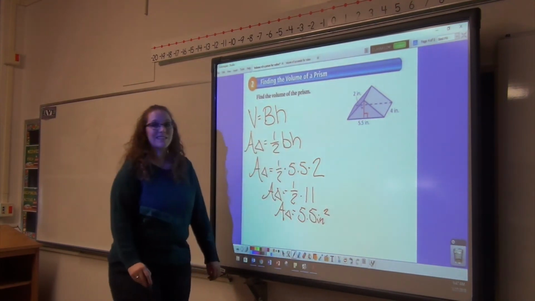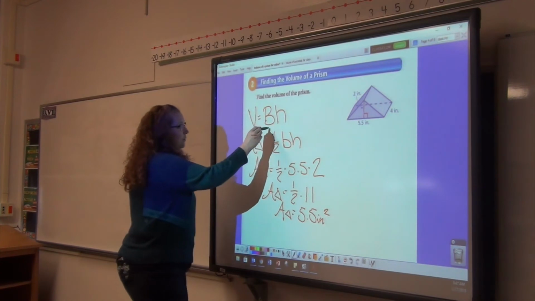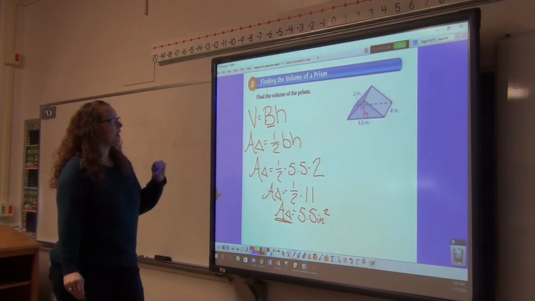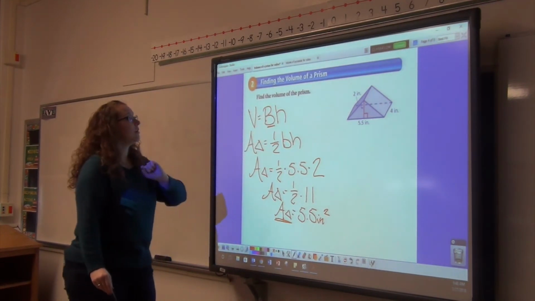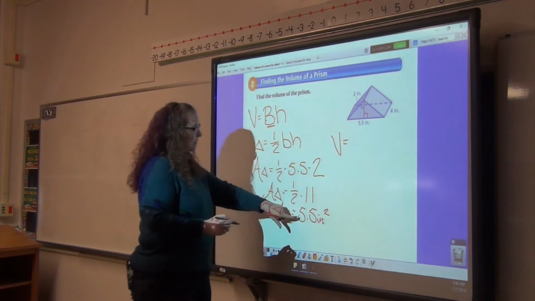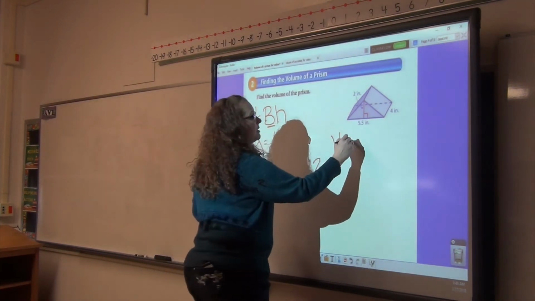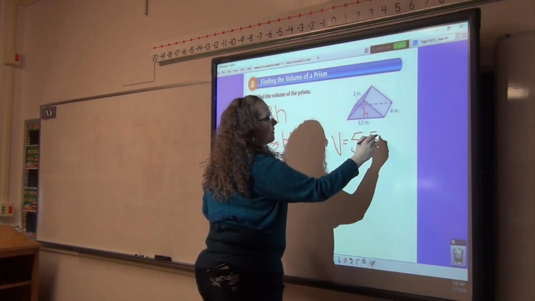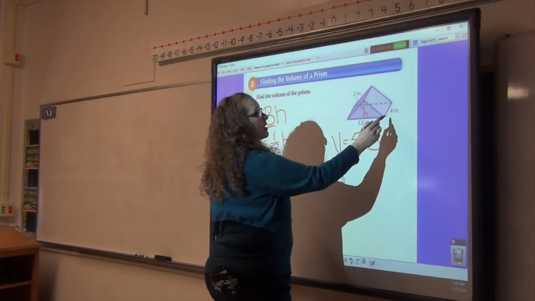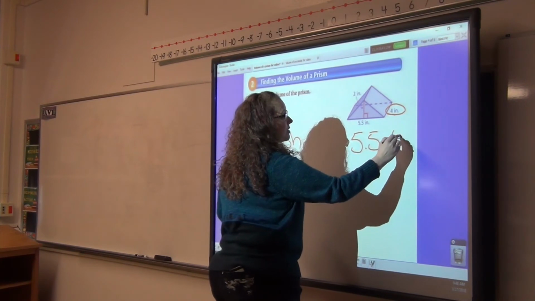This is squared because it's an area. This is equal to B. The area of the triangle is the area of my base. So we take the area of that triangle, substitute that number in for our base. So it is 5.5 times the height of our prism, which is 4 inches.